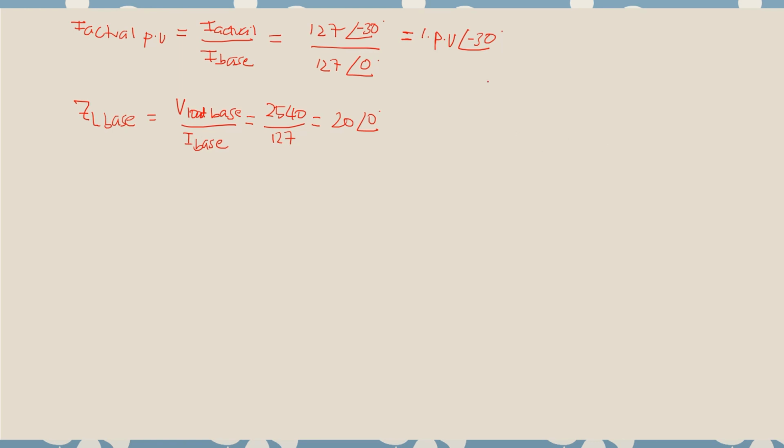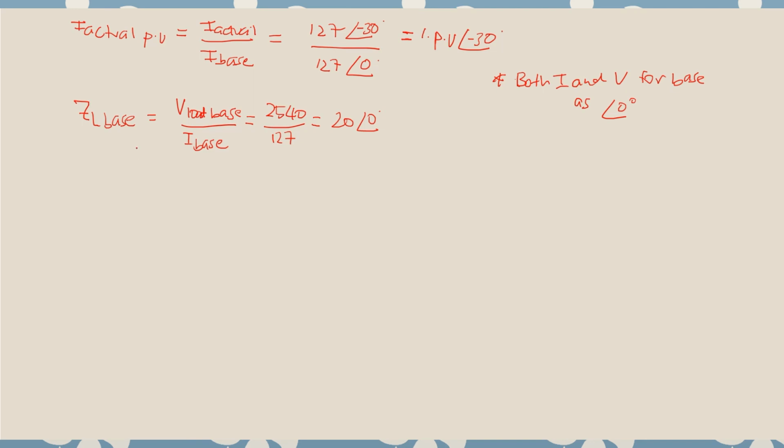If you see here, I just want to make a quick note. I'm taking both current and voltage for base as 0 degree. It's always 0 degree for current and voltage for base.